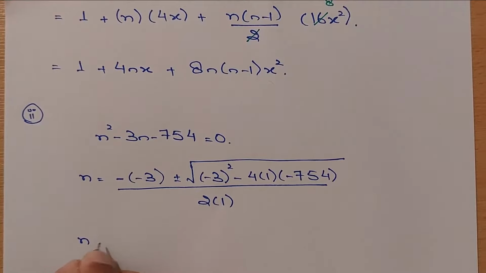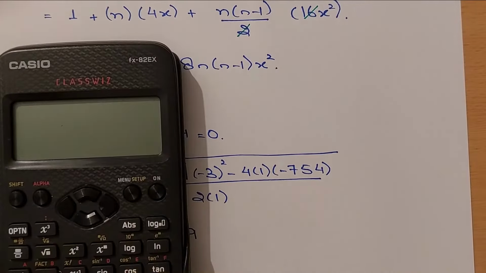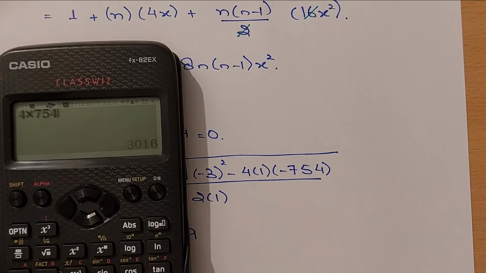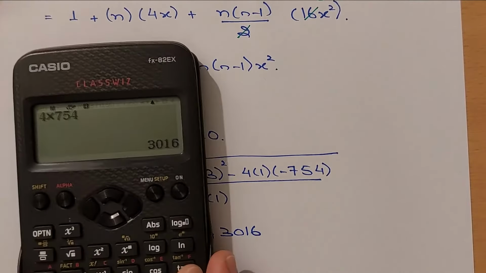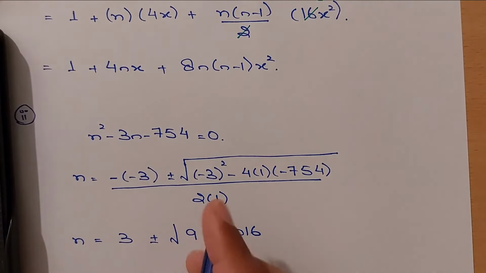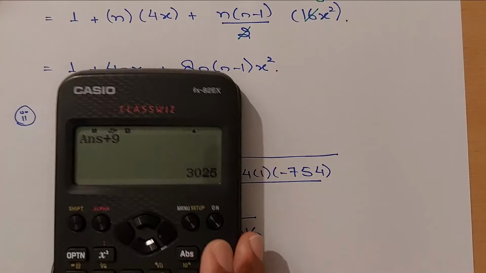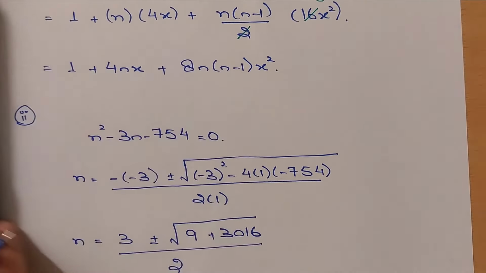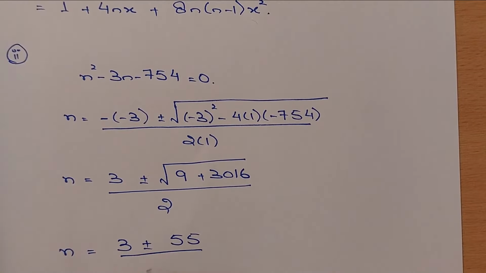So n equals 3 plus minus square root of 9, negative times negative is positive, 4 times 754, that is plus 3016, right? And plus 9, that is 3025, divides 2, and the square root of the answer is 55. So n equals 3 plus minus 55 divides 2.